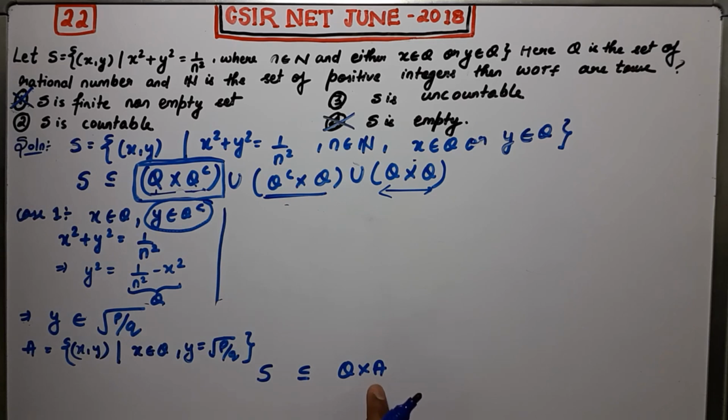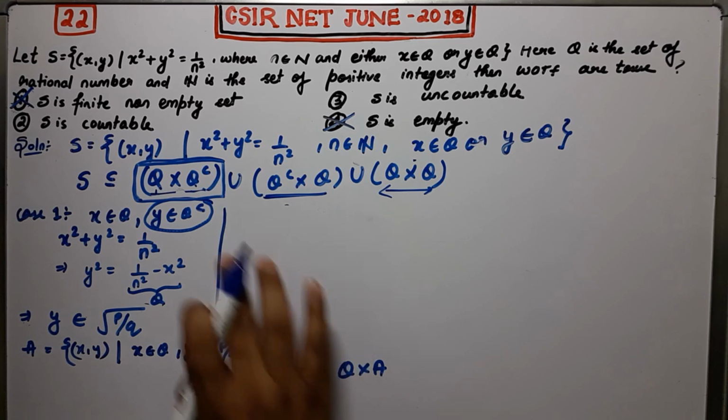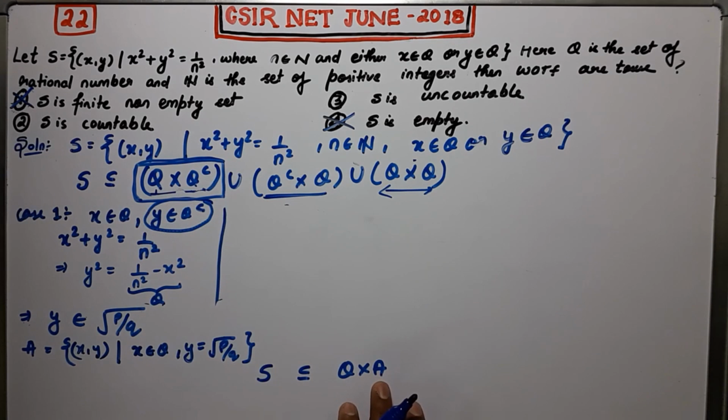You can just choose A and then all the hypotheses will still be true. So this Q complement set can be replaced by A.